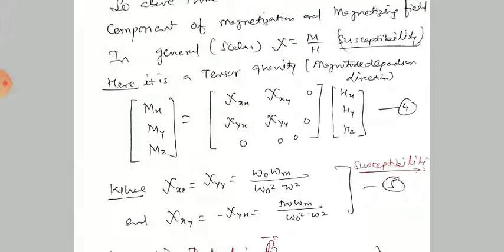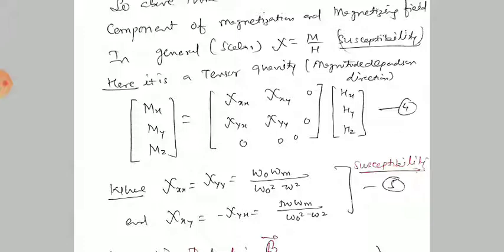In general, if there is a scalar, then chi equal to M by H, the susceptibility. So we can write this equation in tensor form: the matrix Mx, My, Mz equal to the matrix chi xx, chi xy, 0; chi yx, chi yy, 0; 0, 0, 0 times Hx, Hy, H0.